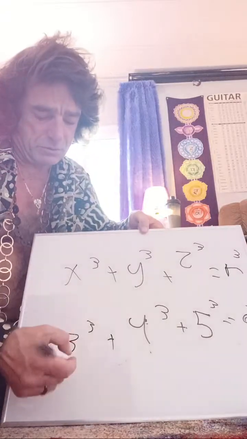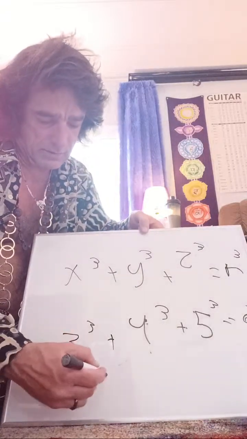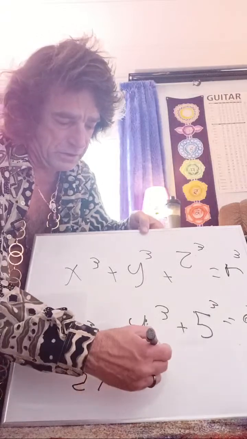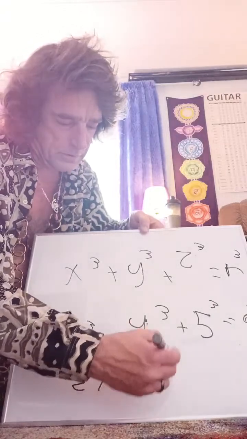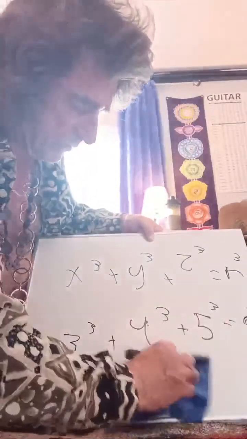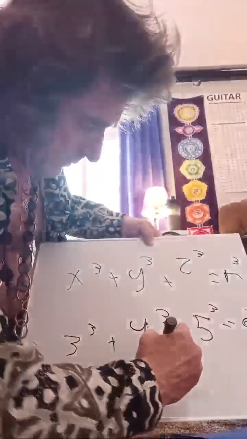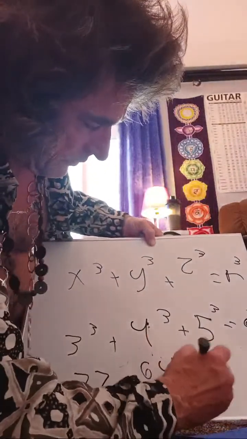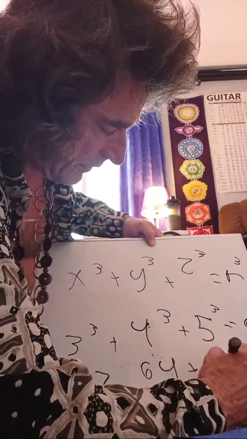So 3 cubed is 27. 4 cubed is 64. And 5 cubed is 125.